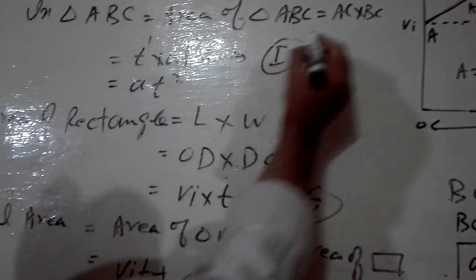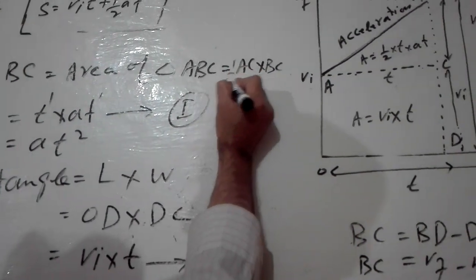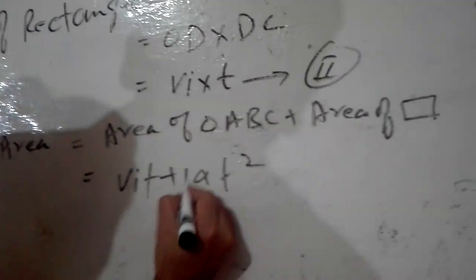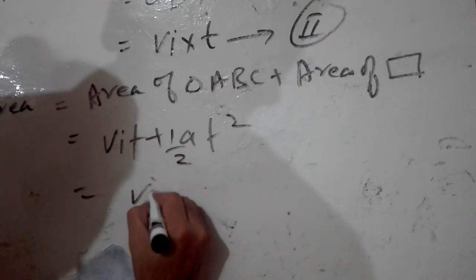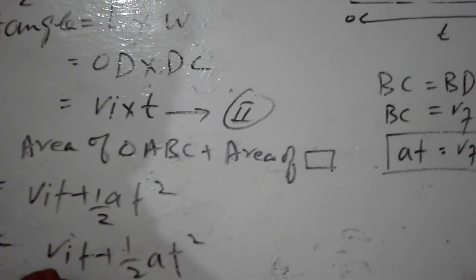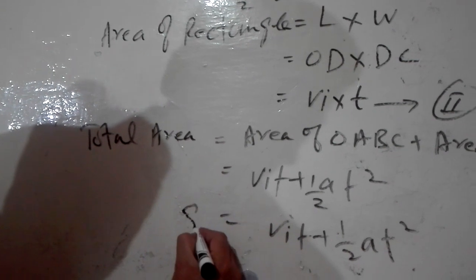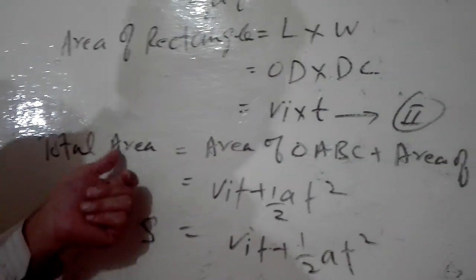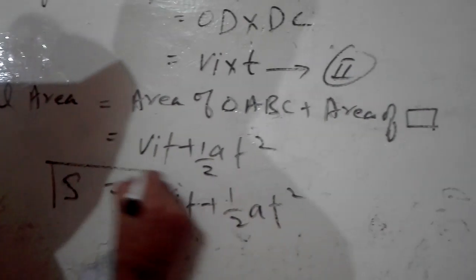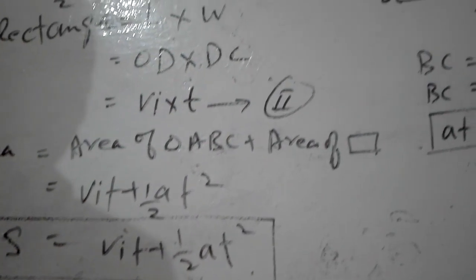I have missed something here. Here I have to write 1 by 2. So now I have proved that VIT plus half AT square is the area of our whole graph. The total area is denoted by S, because the area gives you distance. So S is equal to VIT plus half AT square. So this is the equation you have to prove.